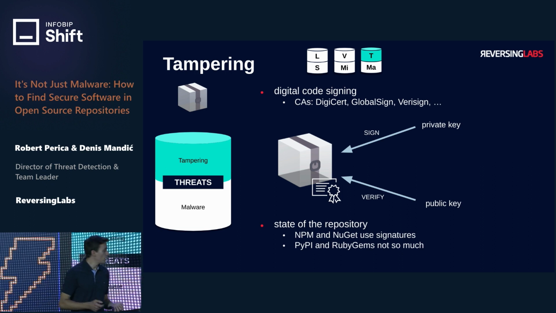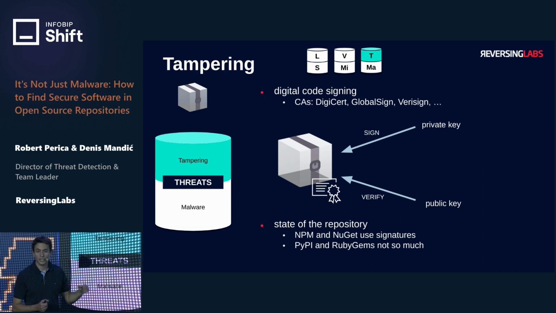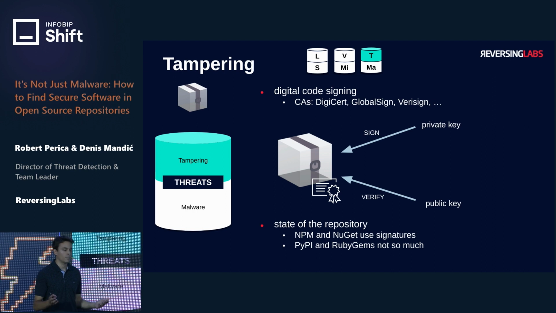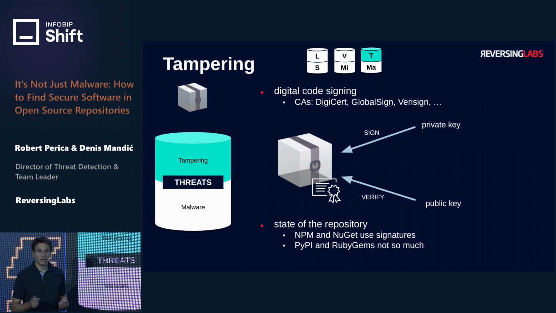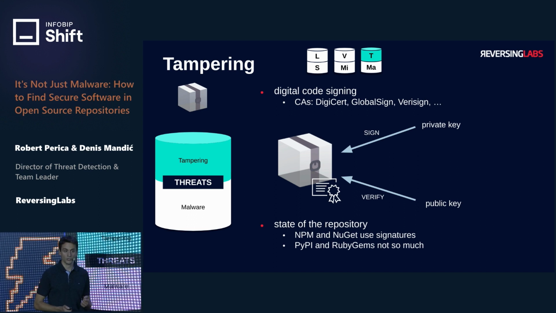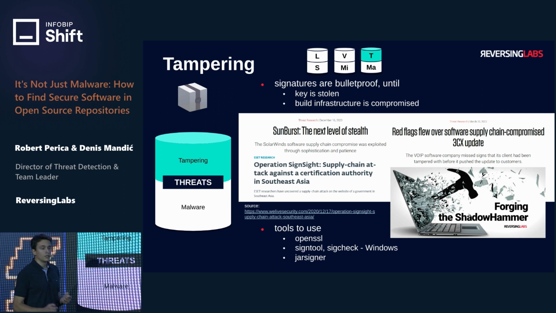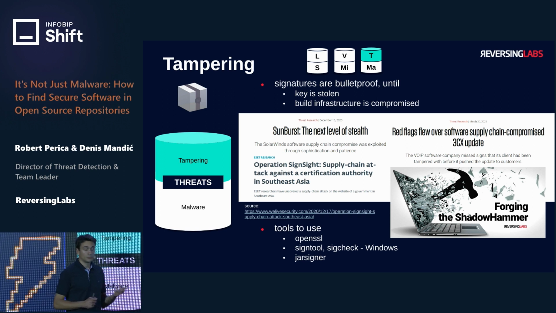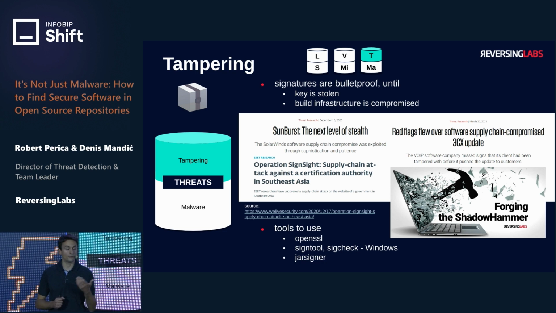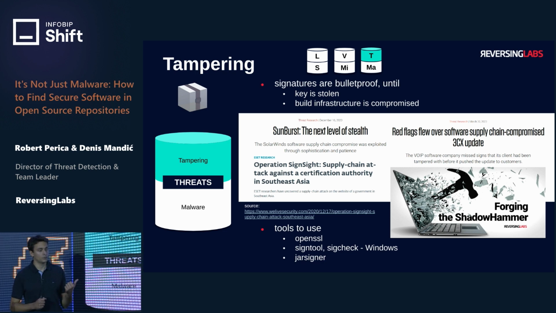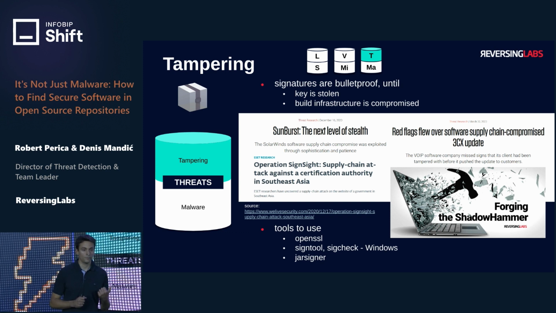The important thing about digital signatures is that they're not used everywhere. For example, on NPM and NuGet, you can see the use of digital signatures. However, PyPI and RubyGems do not use them as much as they should. Digital signatures are bulletproof until your key is stolen or until your build infrastructure is compromised. And this happened to many companies, big and small.